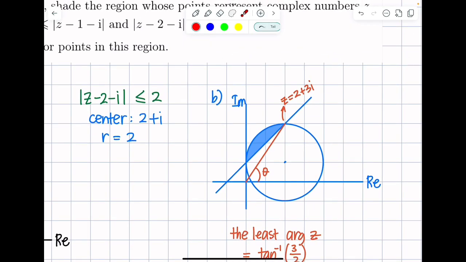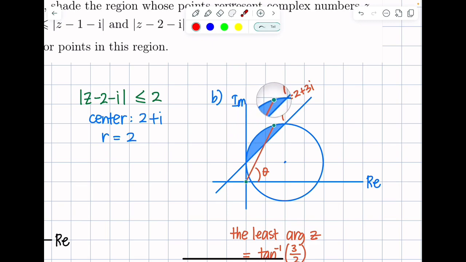In the shaded region, the argument starts from the origin. To get the least value of argument z, you can look at this illustration.